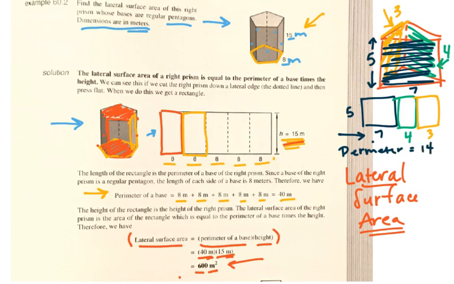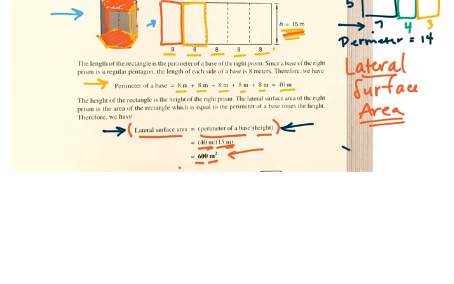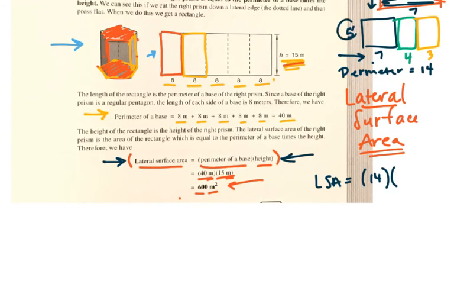And then we would use this same formula for the lateral surface area. So the lateral surface area would be the perimeter of the base, which we found up here is 14, times the height, which we decided in this one is 5.